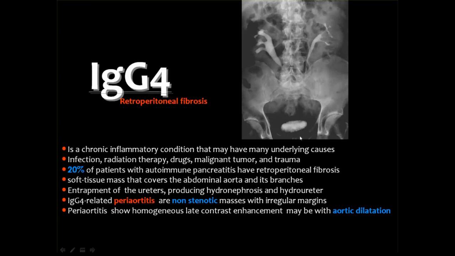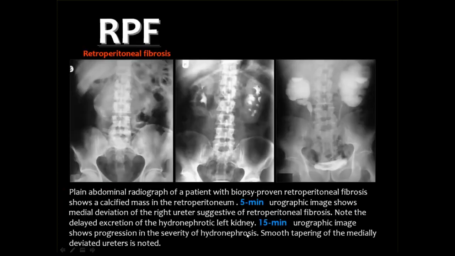Then this should be discriminated from the disease known as periaortitis, where you get an inflammatory lesion surrounding the aorta, and this is not a stenotic lesion and does not affect the ureters. In periaortitis, the aorta itself is dilated, and it may be the seat of an aneurysm.